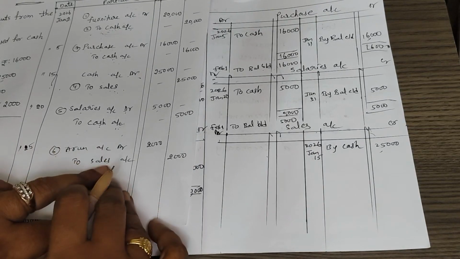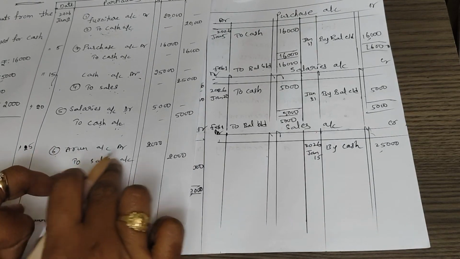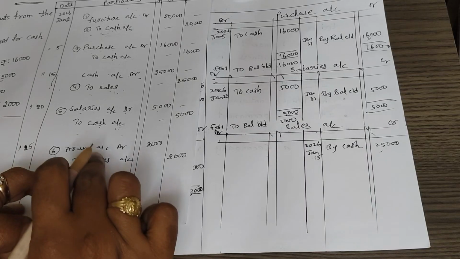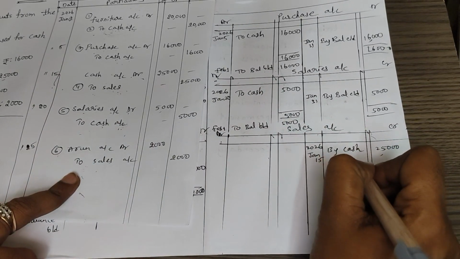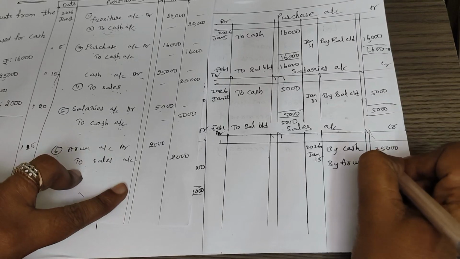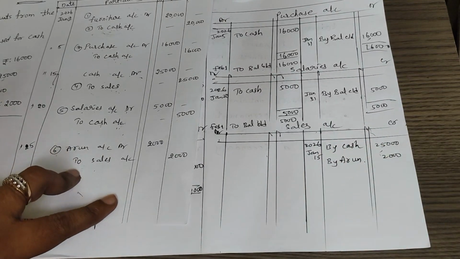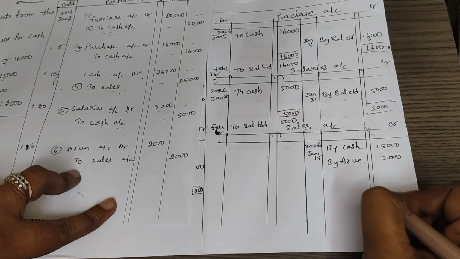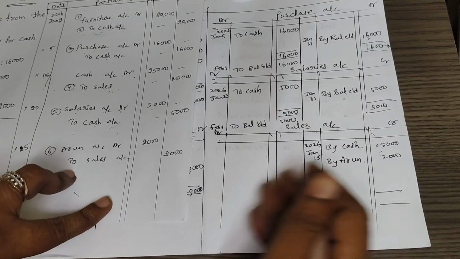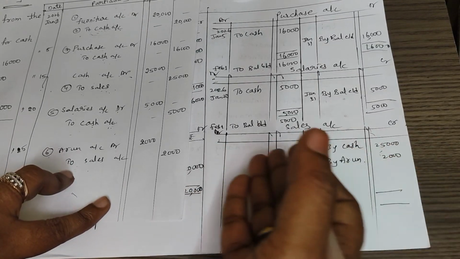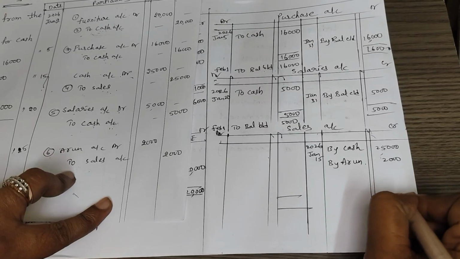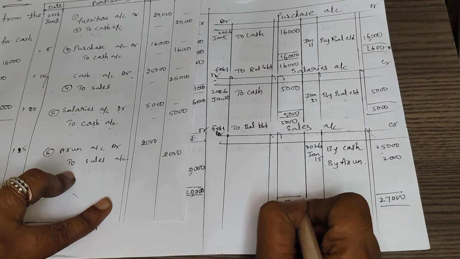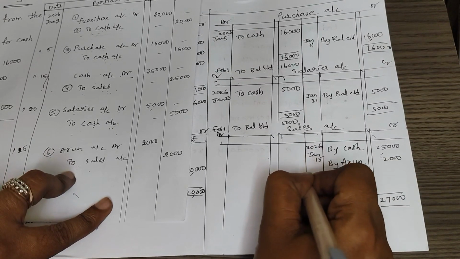And next, one more entry is there. Arun account debit to sales account. So sales is credit side. So in the credit side of the sales account, what should we write? By Arun, 2,000. Okay. So close this. Which side is more? Obviously credit side because debit side there is no amount. 25 plus 2, 27,000. Here also 27,000. Balancing figure also 27,000.